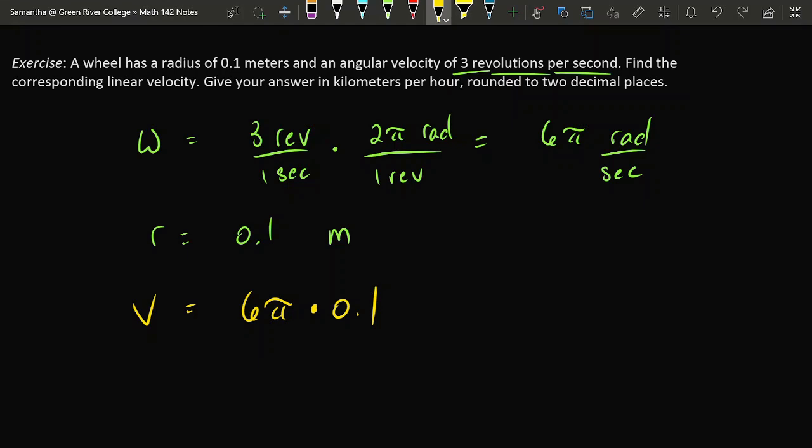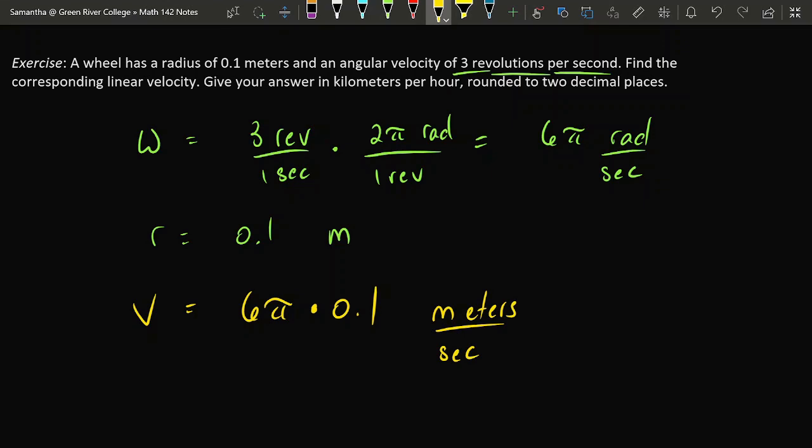But question, since the units of radius are meters and the units of time currently are seconds, what would be the units of the linear velocity that we've just calculated? The units would be in the length units, meters, divided by the time units, seconds.